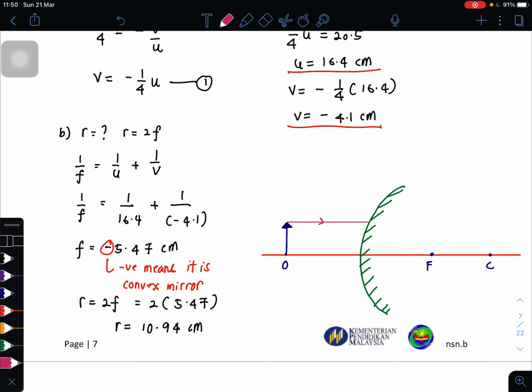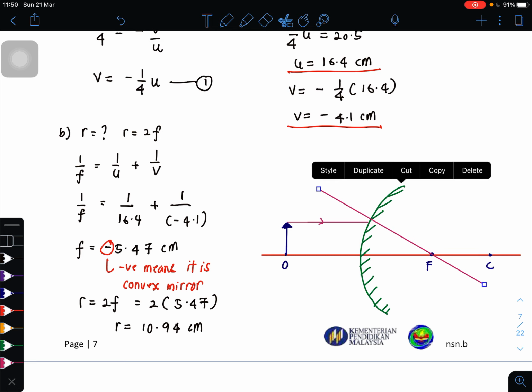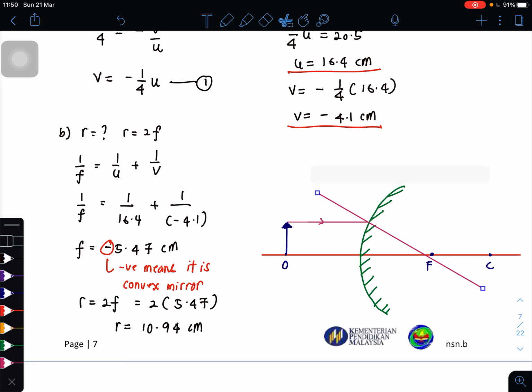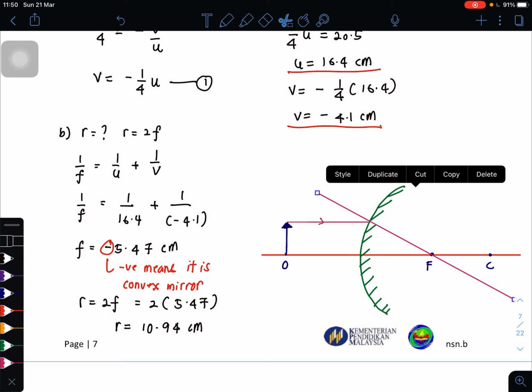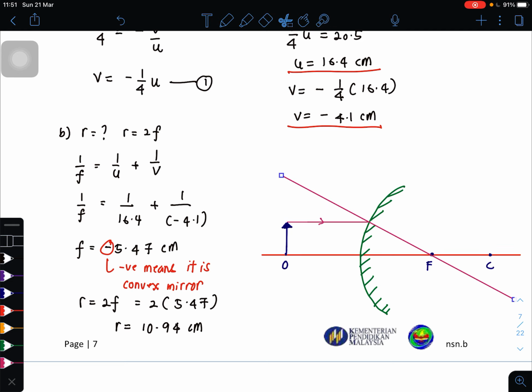It will reflect because it is a mirror, and when it reflects, it will actually pass through the focal point. So I will draw it like this first, and then we adjust it so that it reflects through the focal point. Okay, like this. Here, extend it a little.